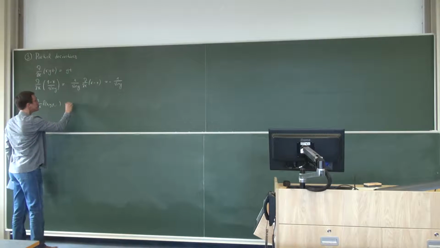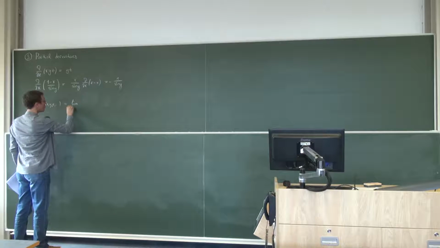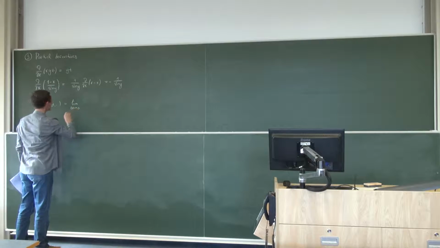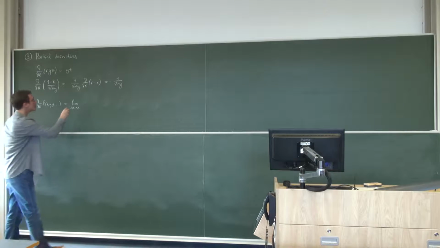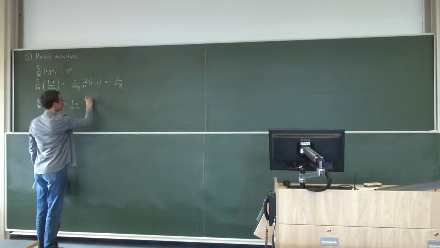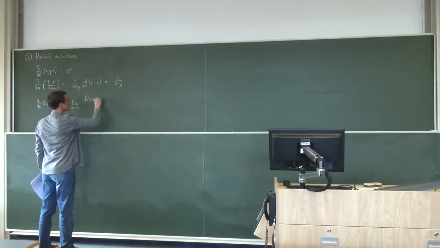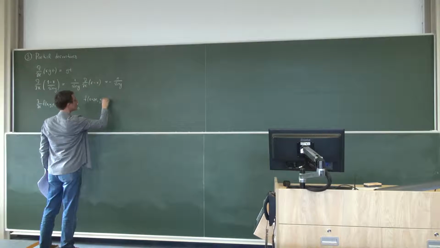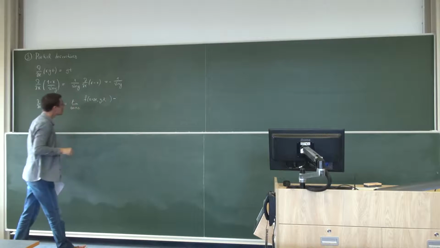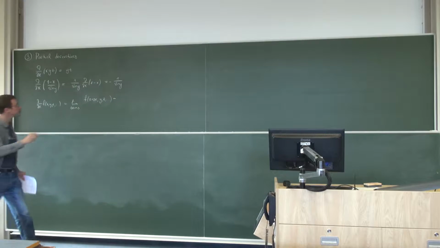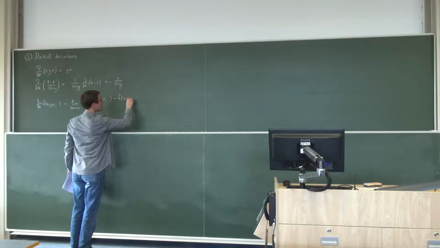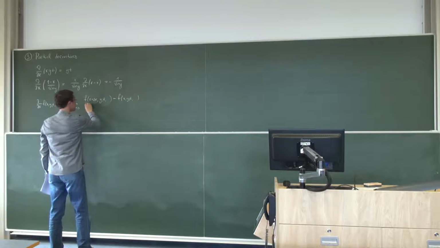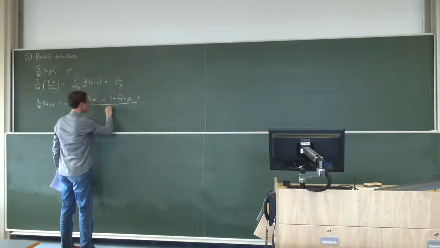Then that's a limit as delta x goes to 0 of the function where only x has been incremented, so f(x + Δx, y, z, and whatever else remain unchanged), minus the original function, f(x, y, z, whatever else), divided by Δx.